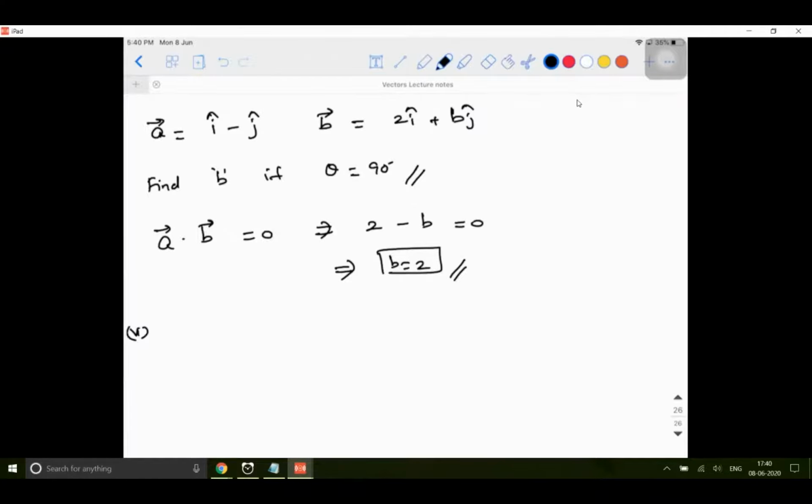Fifth point is, for any vector A, A vector square implies the modulus of A square.